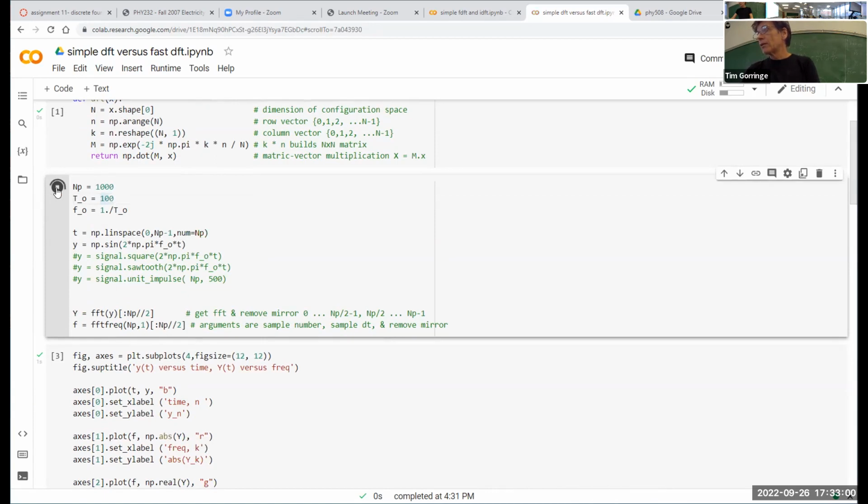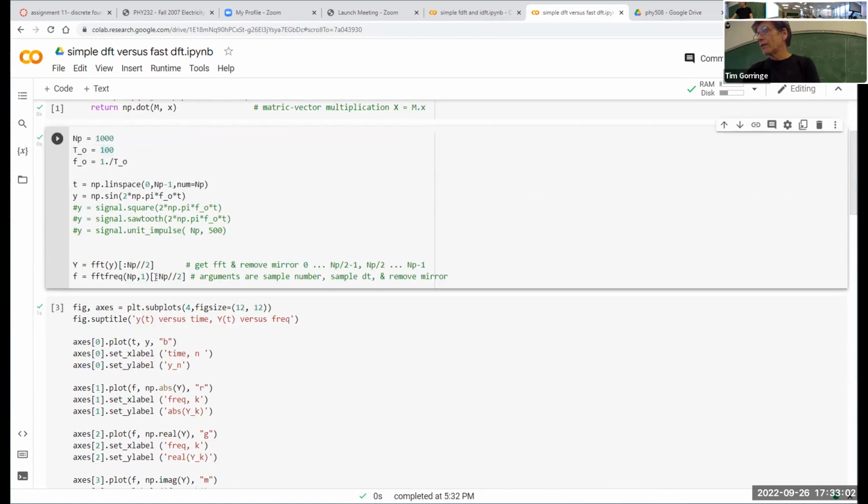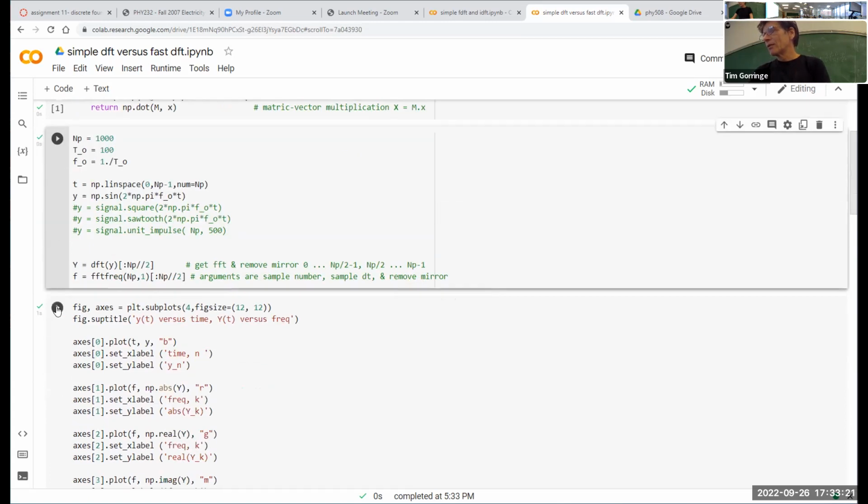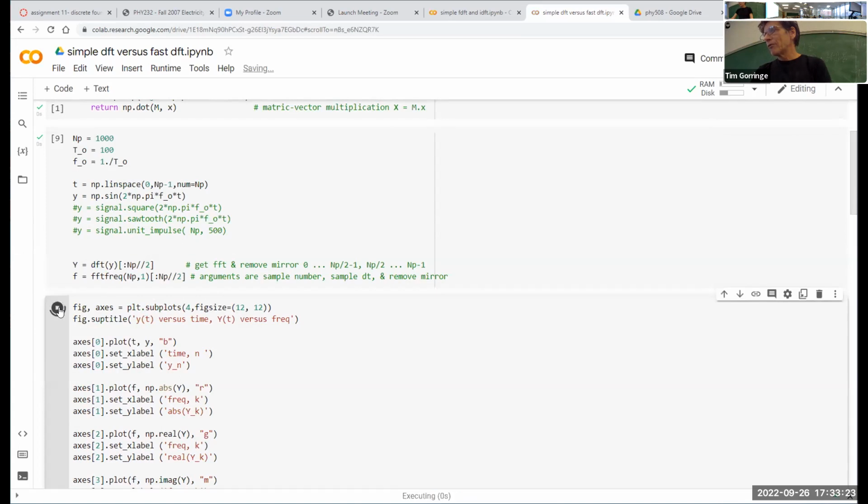So we do that. Well, let me do it with my function. This is the SciPy function. I'll do it with my function. And then I'm just going to plot the results.